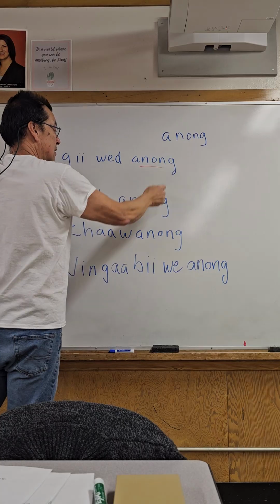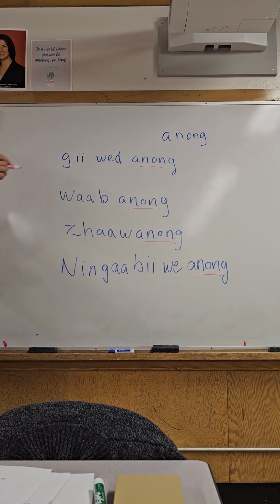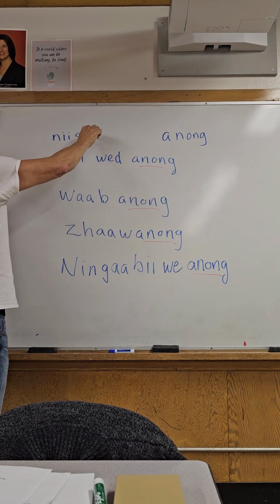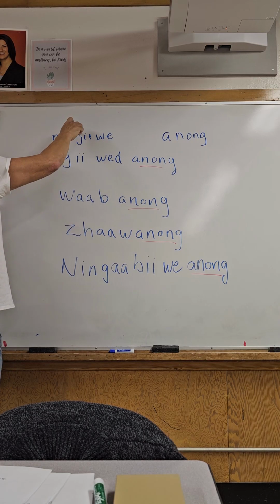Anung. It's a reference to a star, which is a reference to a direction. There's certain stars in certain directions. So this one is Giwe, or Giwe, sorry.